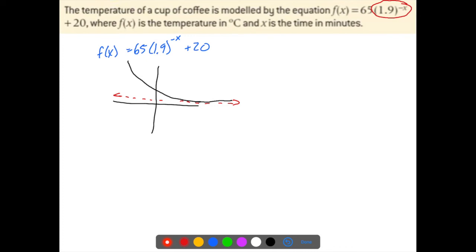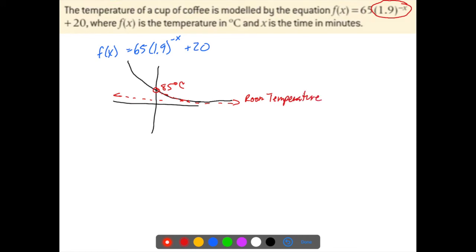Well, why is there an asymptote there? Initially, we're at 85 degrees Celsius. As time progresses, it cools off and cools off and cools off. But what's the coolest it can be? Well, it can cool off until it gets to room temperature.